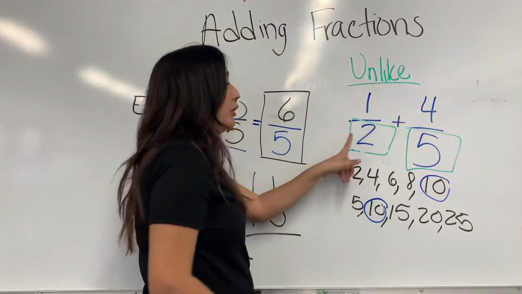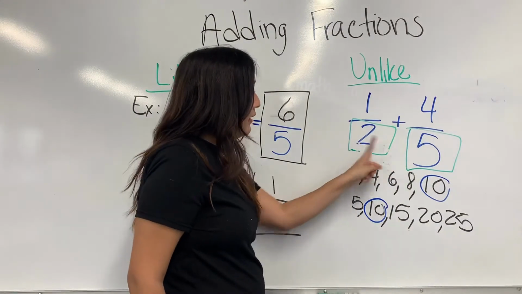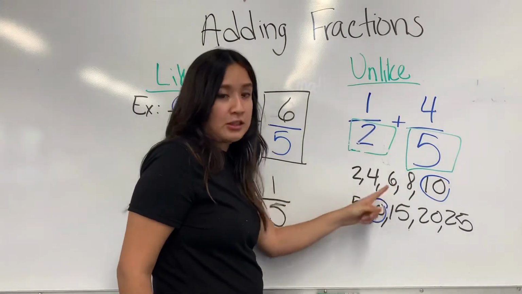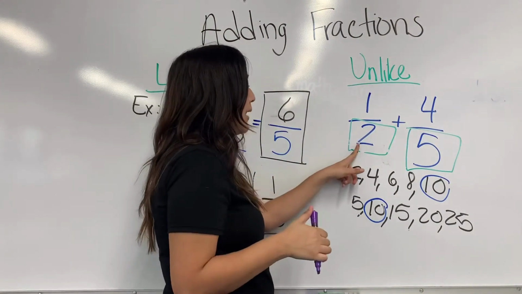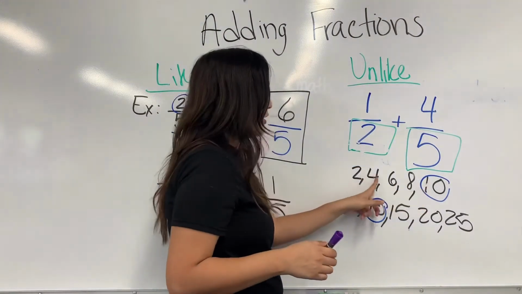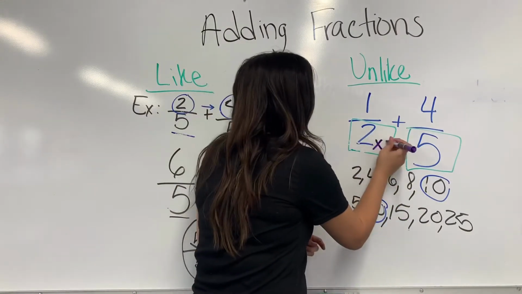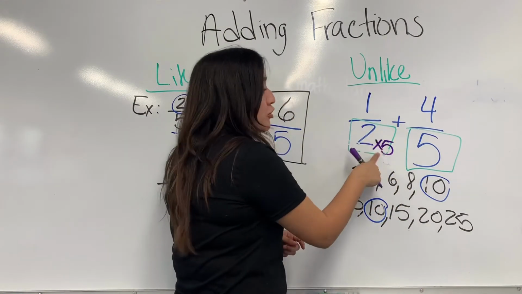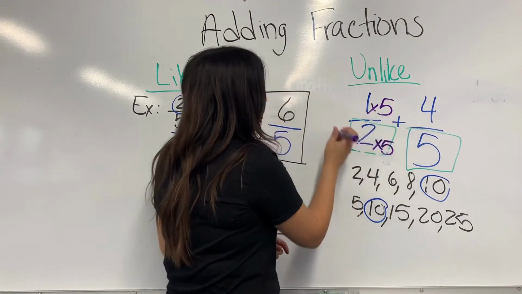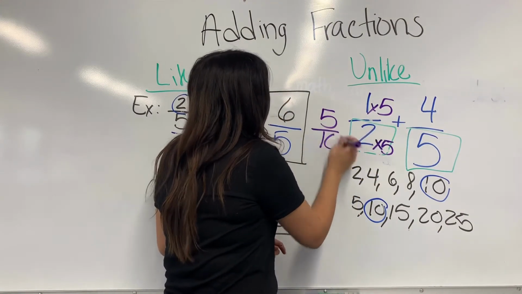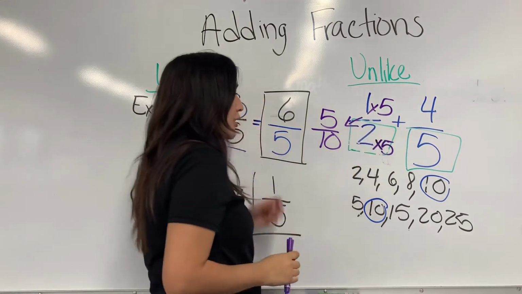So I'm going to multiply each one to get a 10 as the denominator. I'm going to use purple for this one. 2 times what can give me the 10? 2 times 1, 2, 3, 4, 5. And if I do it to the bottom, I have to do it to the top. That changed into this, okay?